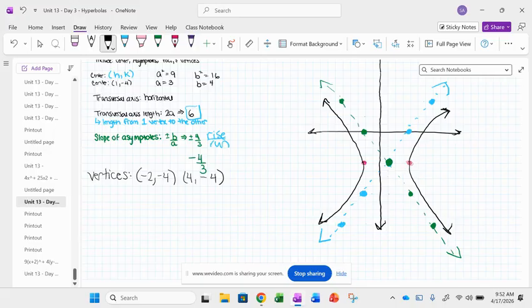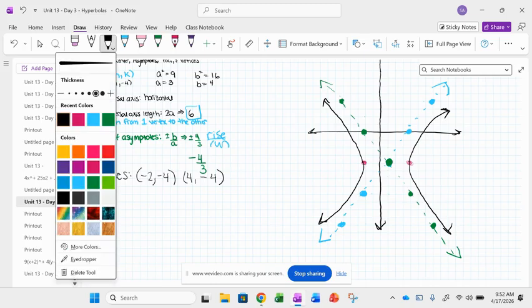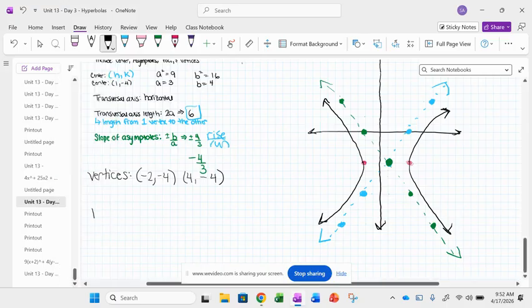There's one last thing I asked for that we have not put yet. What's the last thing I asked for that we haven't put? Hi, Anna. The foci. Now, there's no formula to find the coordinates of the foci, but there is one to find the length, the focal length.